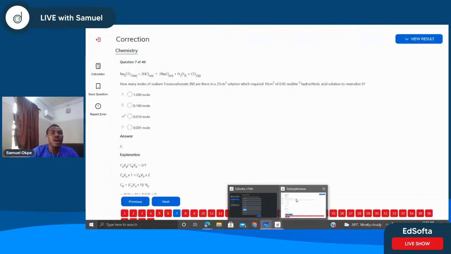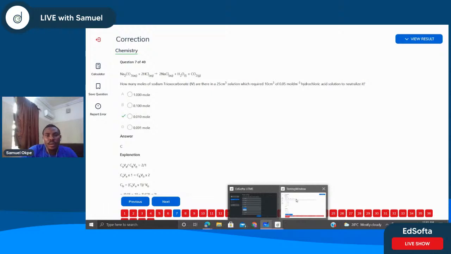So what's the question? How many moles of sodium carbonate are there in 25 cm cube of solution, which requires 10 cm cube of 0.05 mole per dm cube hydrochloric acid solution to neutralize it?